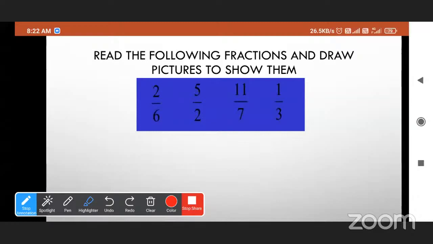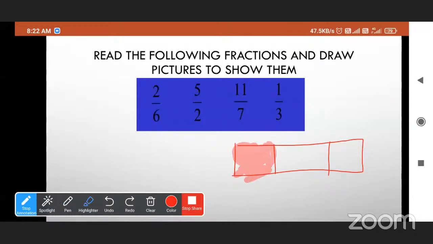And now see the last one, 1 upon 3. We will draw 3 and color 1. Okay, good. So this is 1 upon 3.